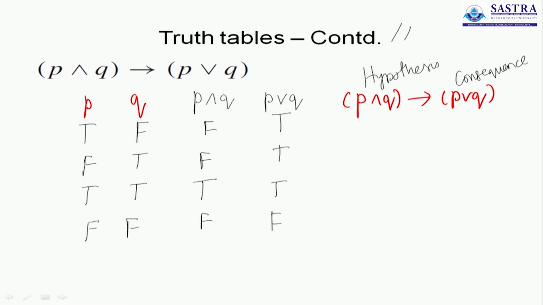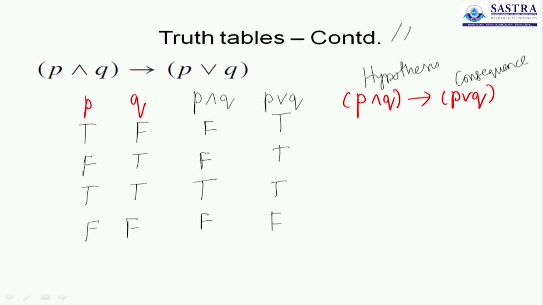Column 3 is hypothesis, column 4 is consequence. Now let's recall how a conditional works. A conditional statement connecting P and Q will assume a false value only when the hypothesis is true but the consequence is false. In all other cases, the conditional will take up a true value.